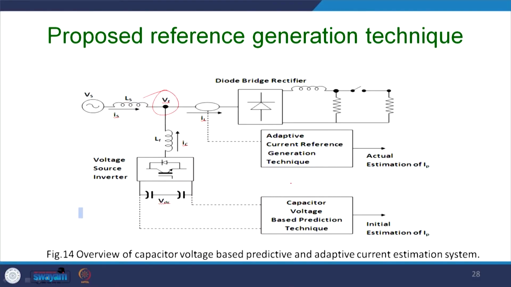Here, initially we talked about the direct method, and I told you that it is not quite accurate, but it can be used as an initial guess. So, this capacitor based algorithm goes for predicting the initial value of IP, as has been done in the direct method.